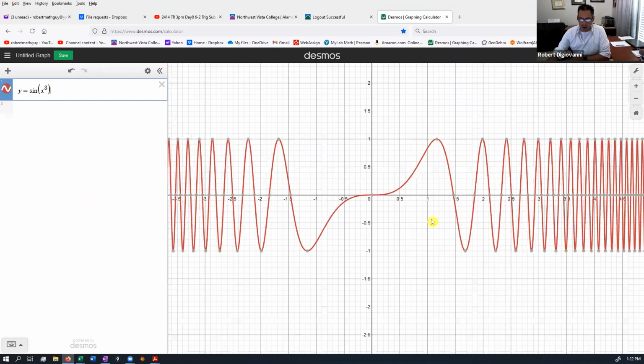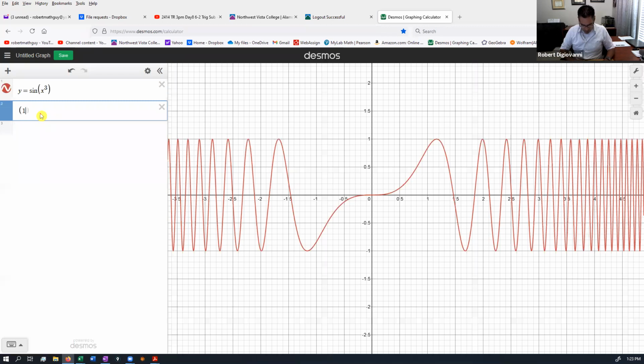All right. Now, if I wanted to know what the slope of the tangent line was right here at 1, let me see. What is that value? 1.841. Right there. If I wanted to know what the slope of the tangent line was right there, then what would I need to do?